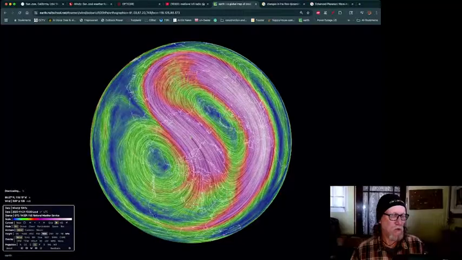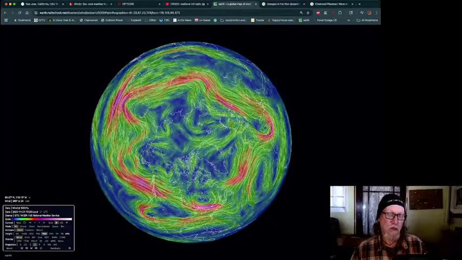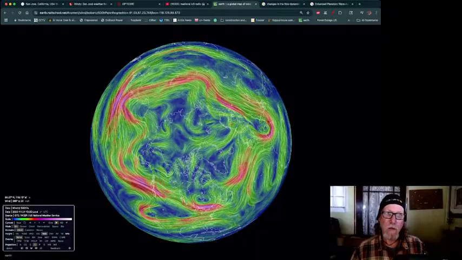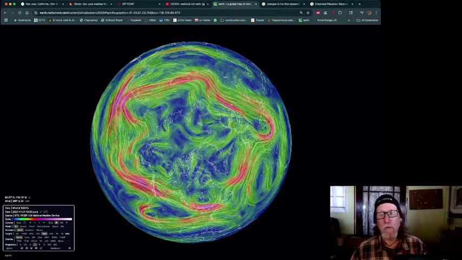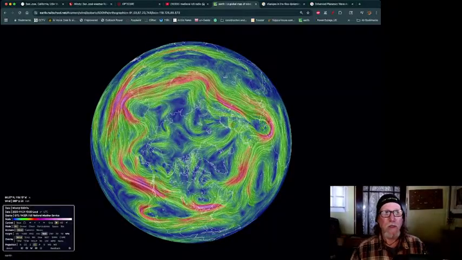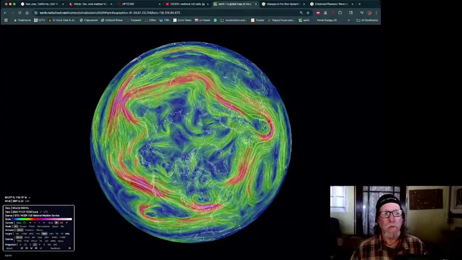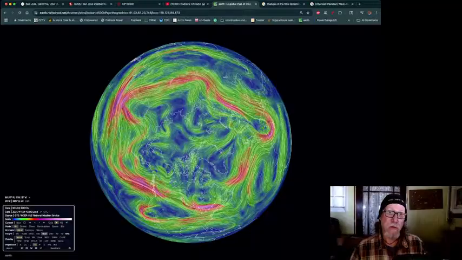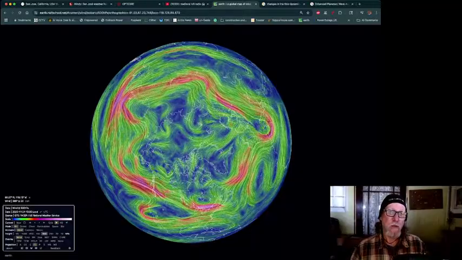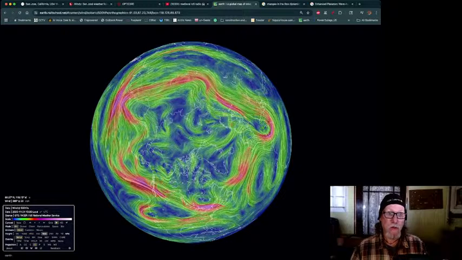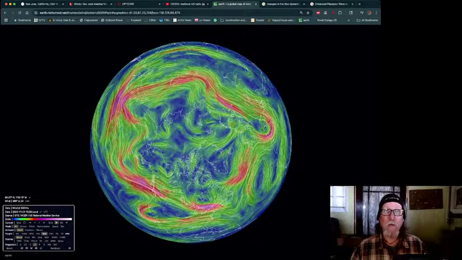So we can go to here, which shows us the jet stream. Now, the jet stream is supposed to be a ring. Okay, it's never a ring, not usually. It's always got some fluid dynamics because it's a fluid. But it's supposed to be more of a ring than this. There are parts of this ring that actually extend way, way south.